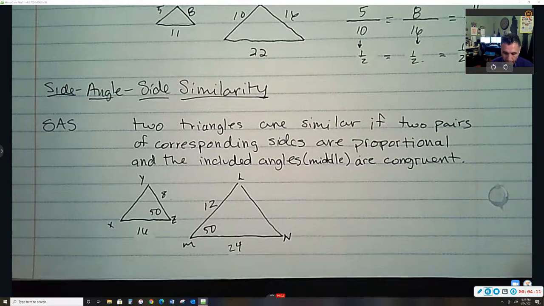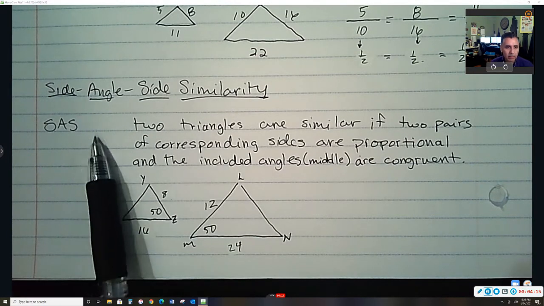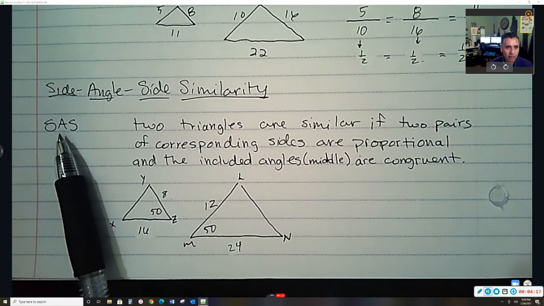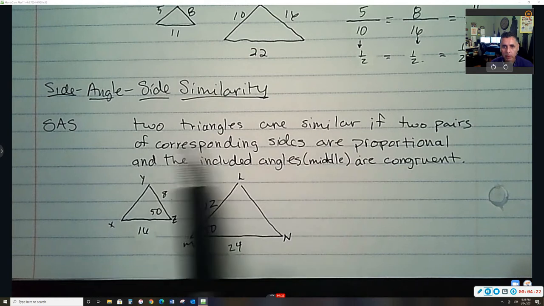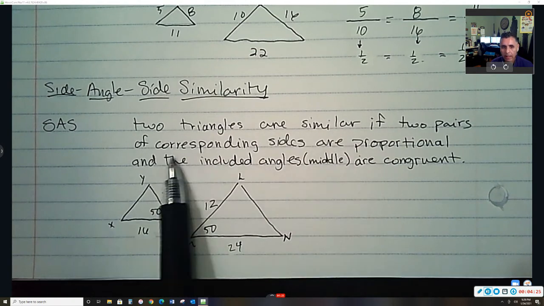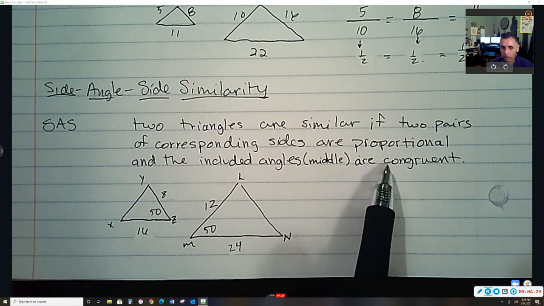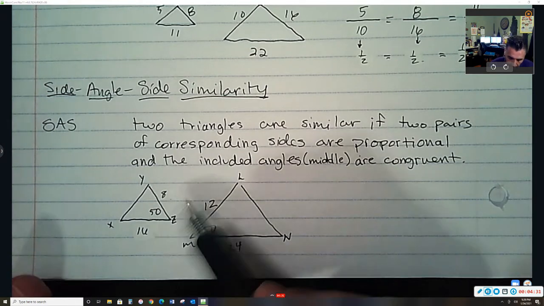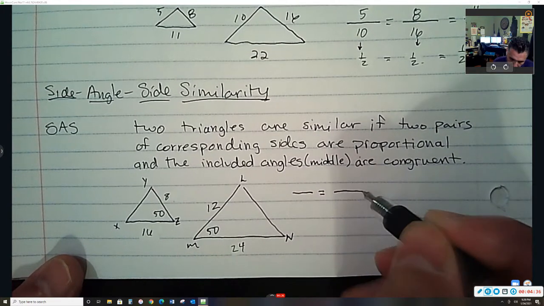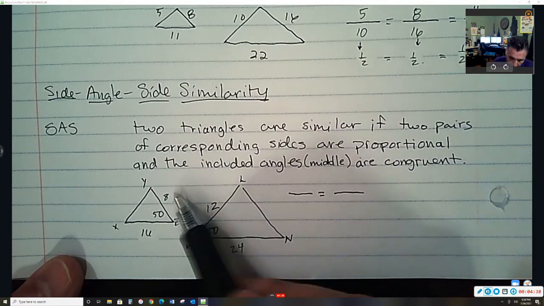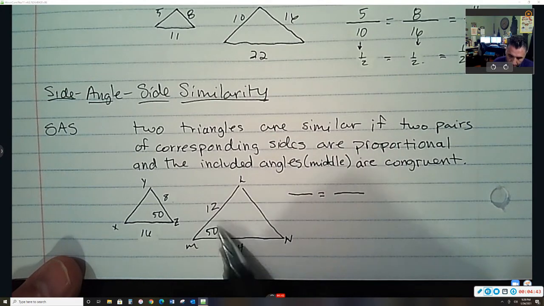The last shortcut is side angle side similarity. I won't always write side angle side, I'll just put SAS. It says two triangles are similar if two pairs of corresponding sides are proportional and the included angles, or the middle angles, are congruent. First, let's go with the corresponding sides being proportional. Again, the left ones go on top and the right numbers go on the bottom.